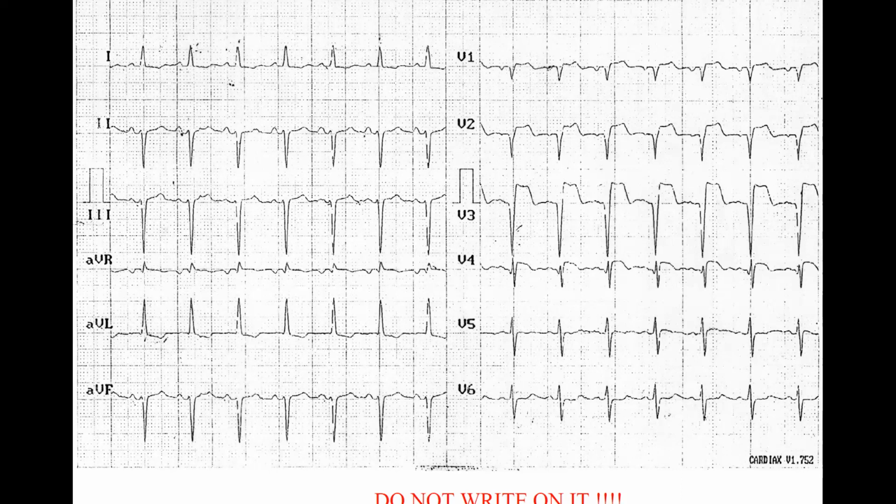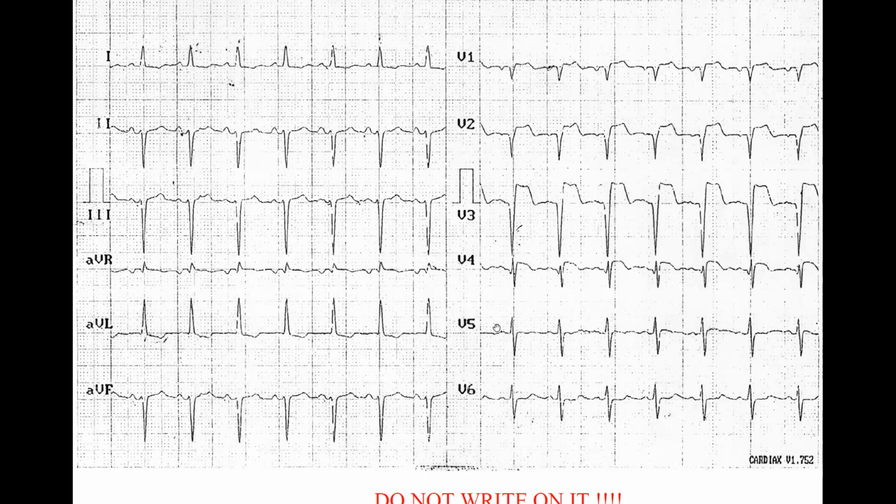Right bundle block with extreme left deviation. Oh, the bifascicular block? Yeah, that was bifascicular, but here it's not because we don't have right bundle branch block, but we do have an extreme left deviation that would be due to the anterior hemiblock. Okay. And then anteroseptal acute MI.